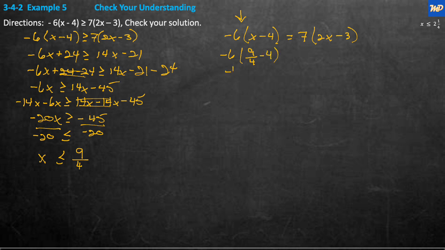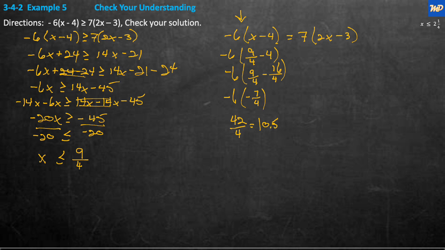I can say minus 16 fourths. And when I do that, 9 minus 16 is negative 7, so I take the sign of the largest number. So it's negative 6 times negative 7 fourths, which is 42 fourths, which is equal to 10 and a half.